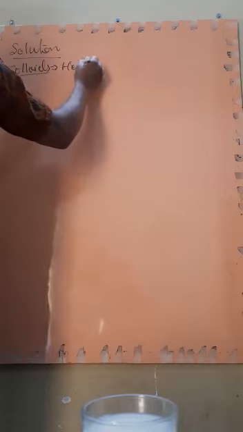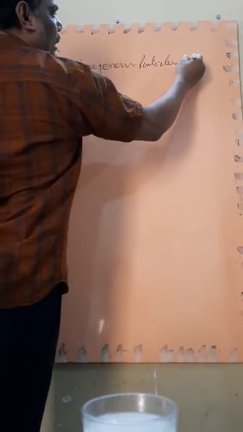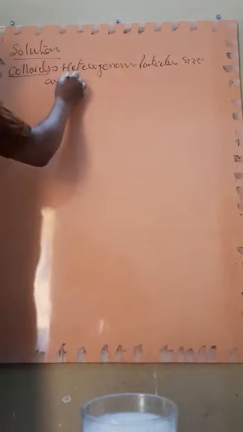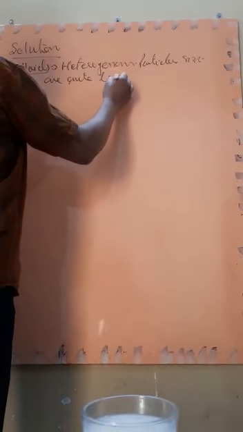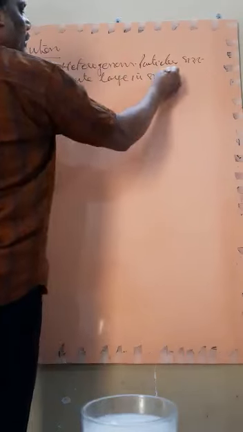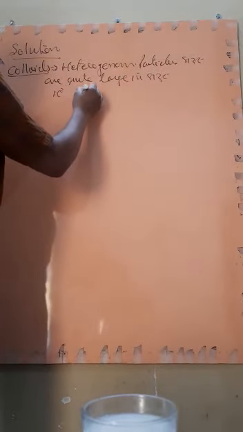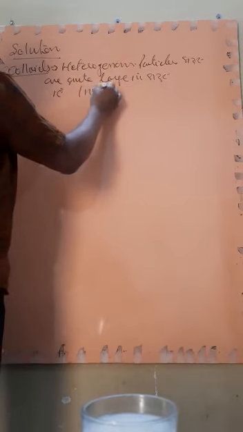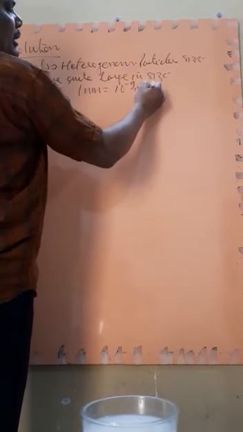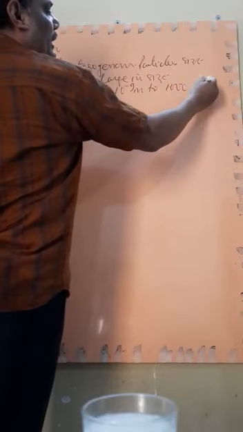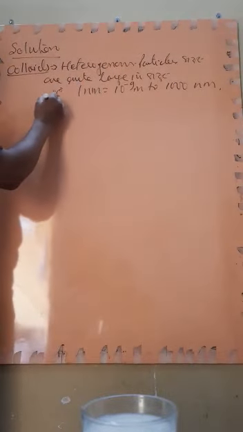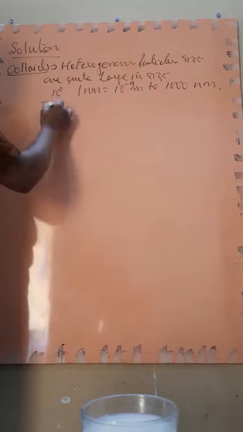Colloids are heterogeneous substances where the particle size is quite large, from 1 nanometer, which is equal to 10 to the power minus 9 meter, to 1000 nanometer. Getting? And they show a very important thing, the Tyndall effect.